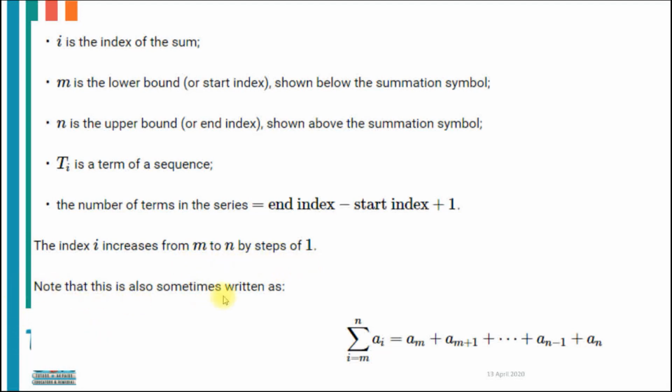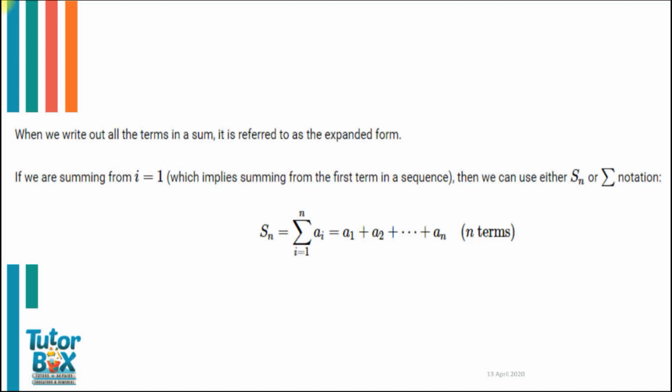Note that this is also sometimes written like this. And when we write out all the terms in a sum, it is referred to as the expanded form. So when you write them all out, like 1 plus 2 plus whatever, it's referred to as the expanded form. So if we're summing from i is 1, which implies summing from the first term in a sequence, then we can use either Sn or the sigma notation.